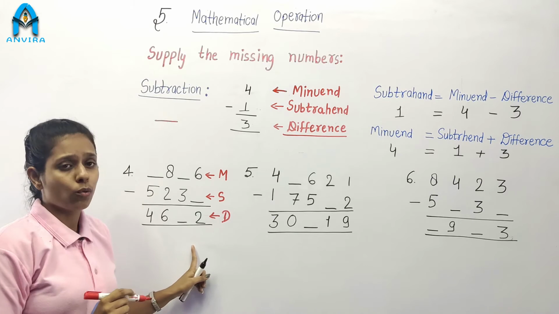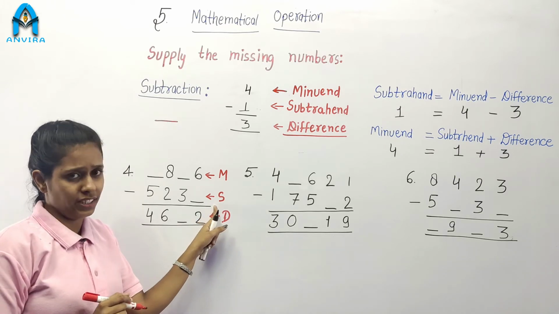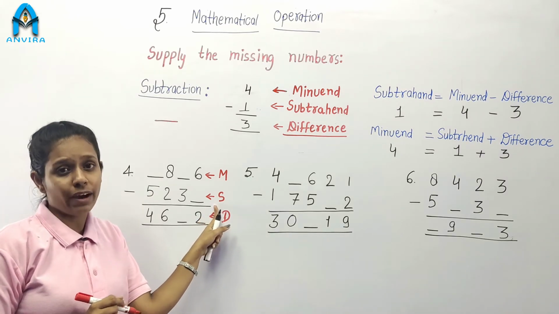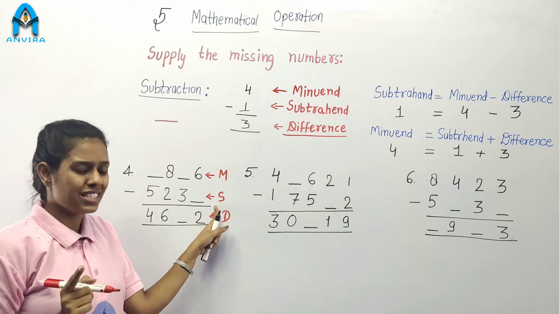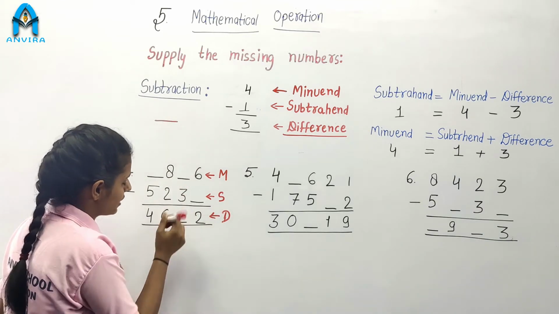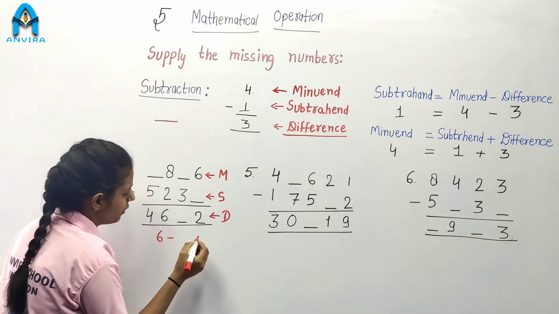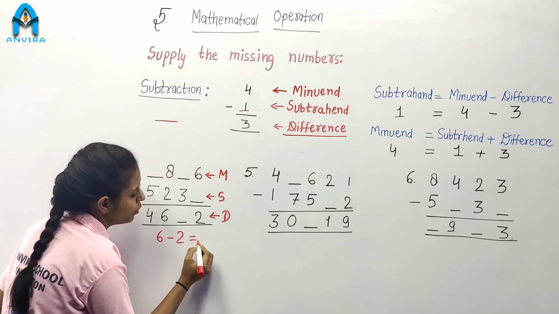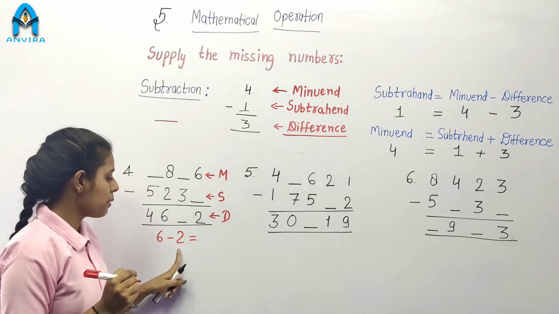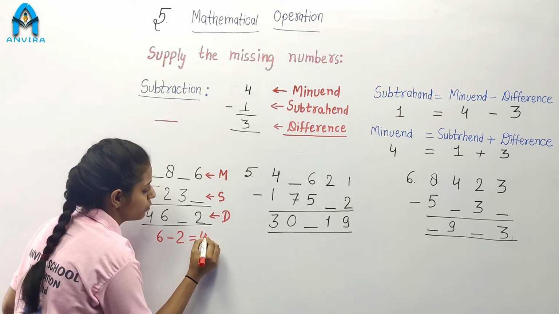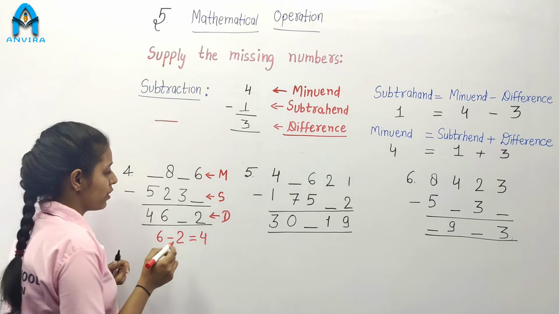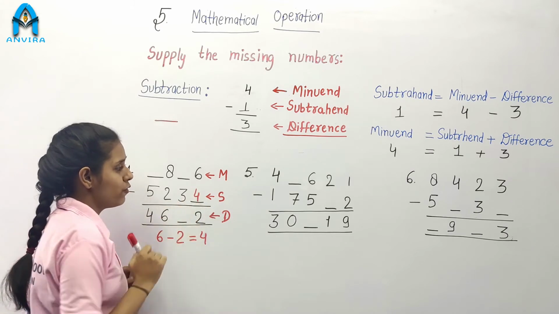In this case, what is missing? The subtrahend is missing. So what do we have to do? We have to subtract. So 6 minuend minus difference is equal to subtrahend. So 6 minus 2 is equal to 4. So our answer is 4.